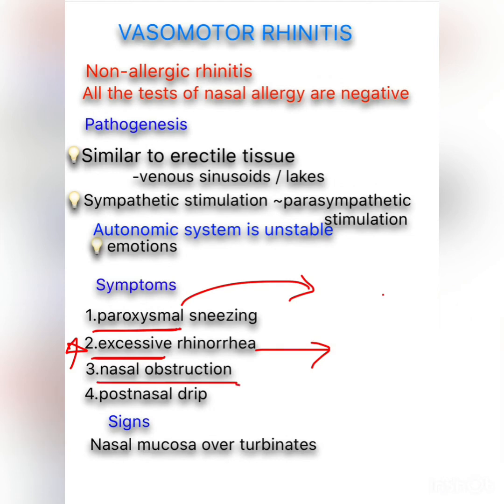It is usually more marked at night time, and this alternates from side to side. It is the dependent side of the nose where the patient feels nasal obstruction, which is often blocked when lying on that side. The next is postnasal drip, where the patient feels something fall from the back of the nose. These are the symptoms.